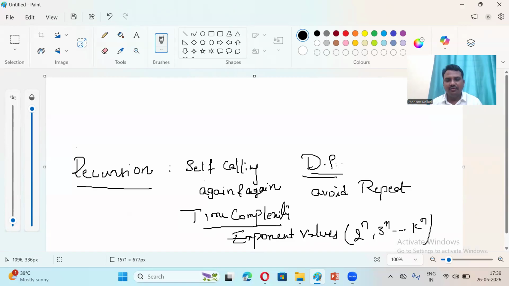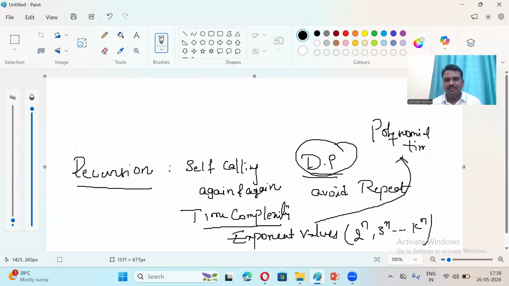If you use dynamic programming, these exponential values will be reduced and we'll get polynomial time. Polynomial time means order of 1, order of root n, order of n, order of n square, n cube, n log n, like that. Using dynamic programming, we reduce the time complexity and avoid repetition.